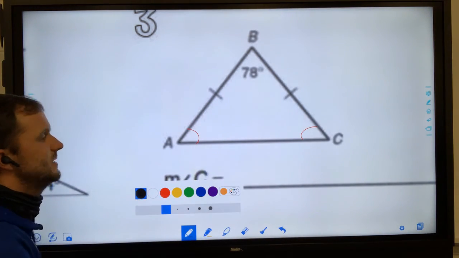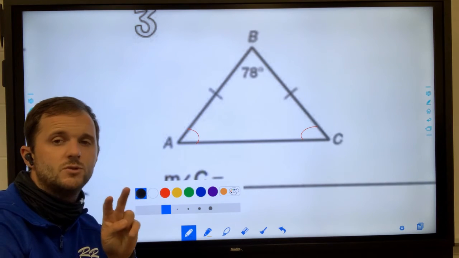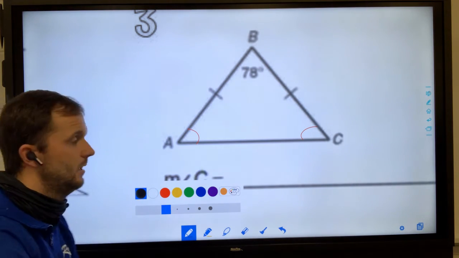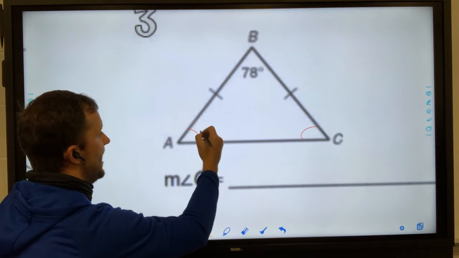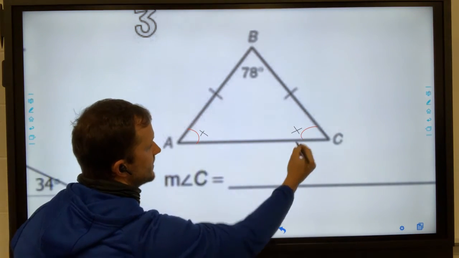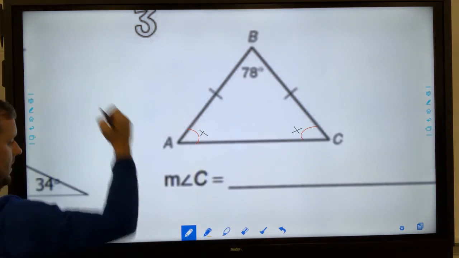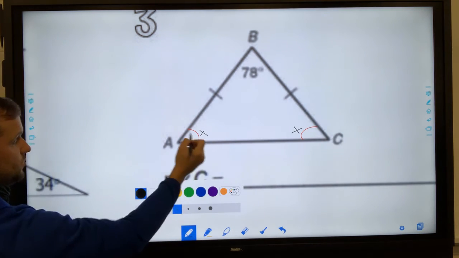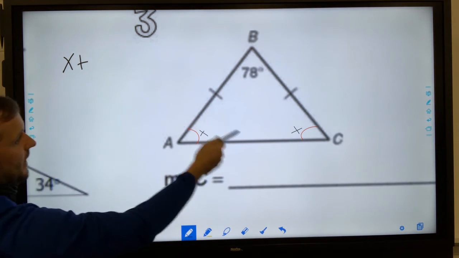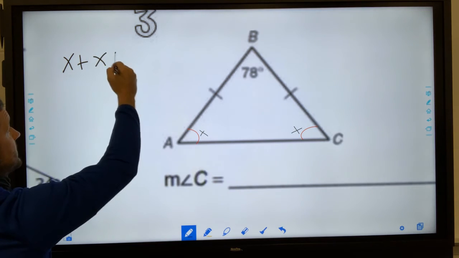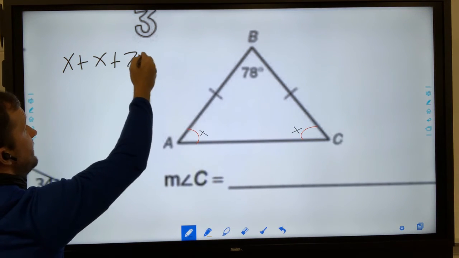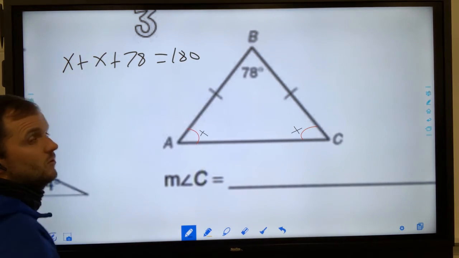So I can represent both of those angles as the same variable, okay? I'm gonna represent A as X, and I'm gonna represent C as X. So angle A, which I represented as X, plus angle C, which I represented as X, plus angle B, 78, is gonna equal 180 degrees, okay?